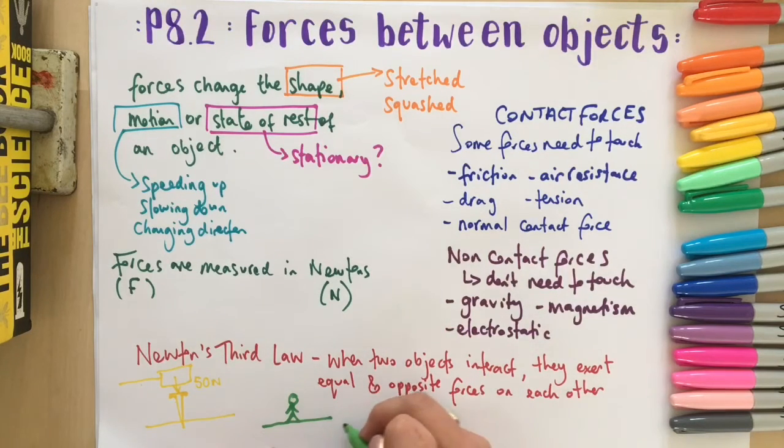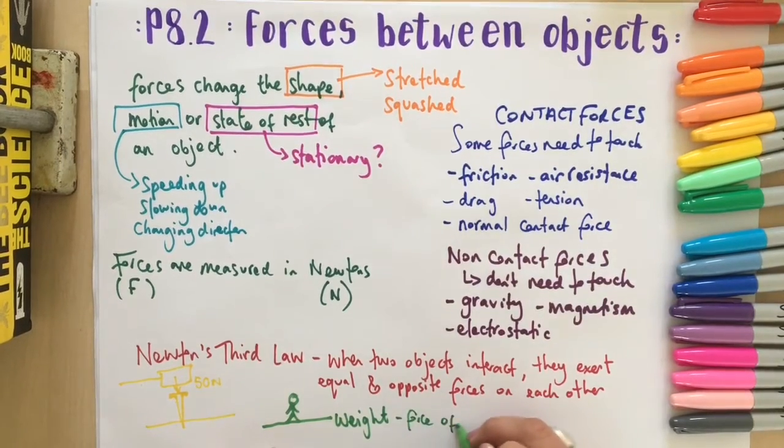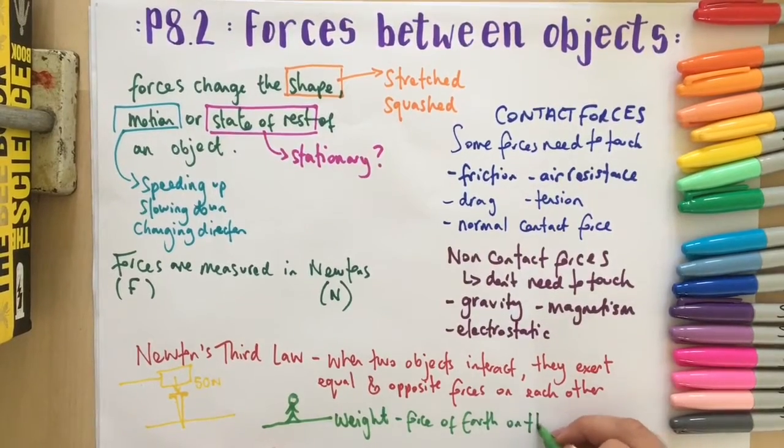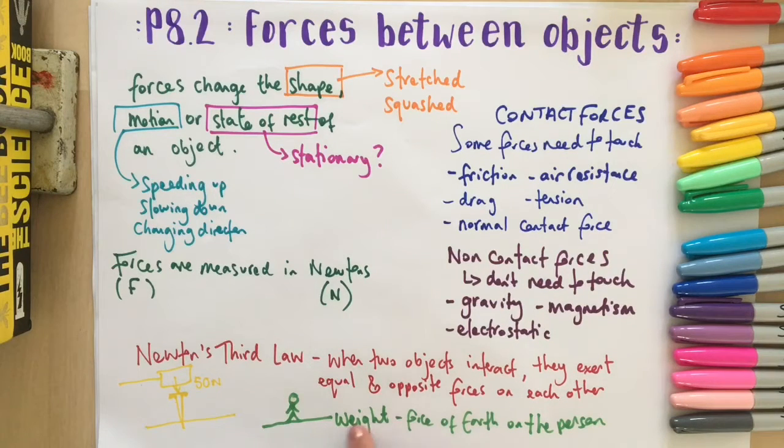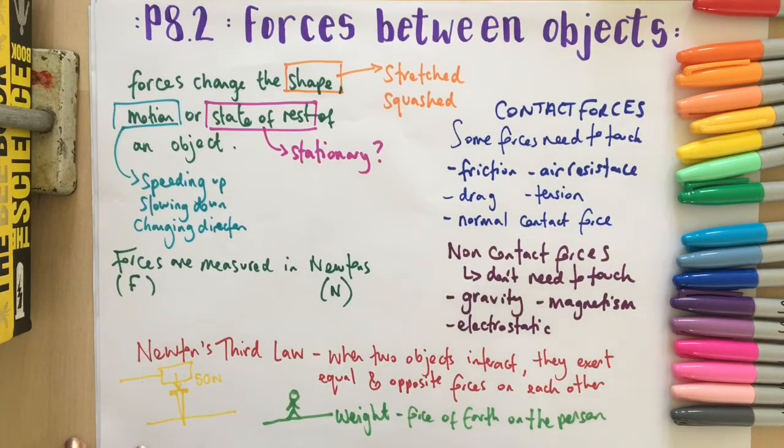So weight would be the force of the earth on the person. And most of us know this already. We encountered this in year 7. We've been talking about using the difference between weight and mass in P1 as well. So the force of the earth on the person.